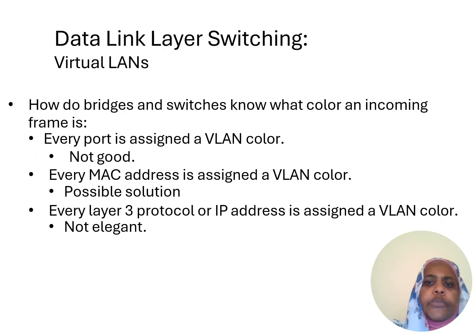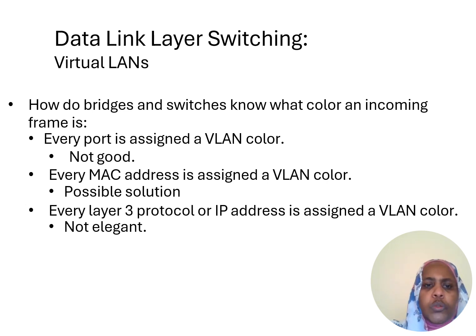How can bridges and switches know what color the incoming frame is? One option is for every port to be assigned a certain color for the VLAN. This is not good because, as we have said, there might be a need for multicolored ports. Or every MAC address is assigned to a VLAN color.